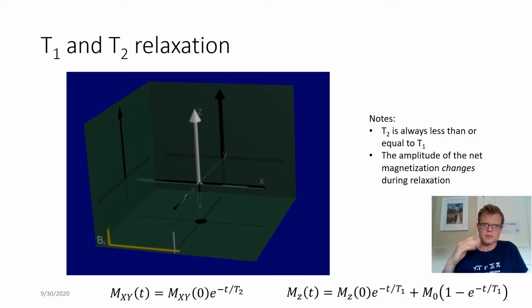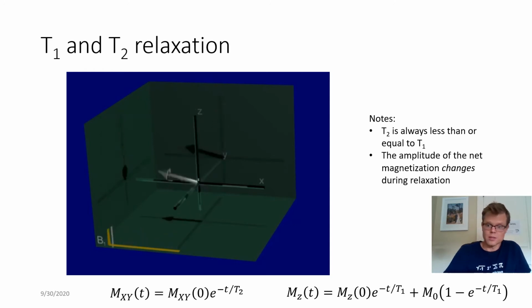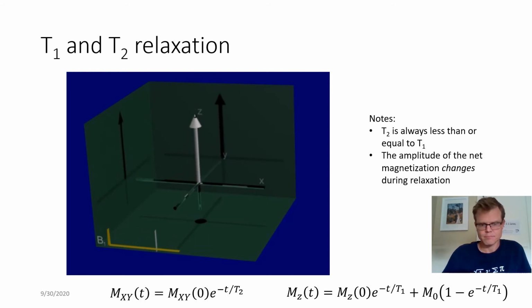And so the net magnetization goes through this relaxation process. Now both T1 and T2 are simply and clearly described by the relaxation equations listed at the bottom. And you can see at the end, we're always going towards this orientation along the z-axis, returning to M naught, or the equilibrium magnetization value.